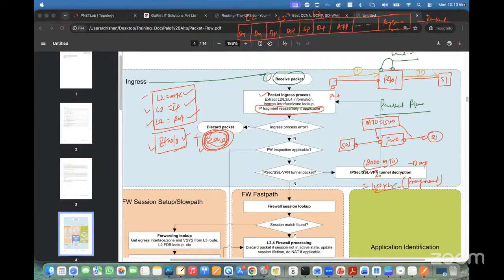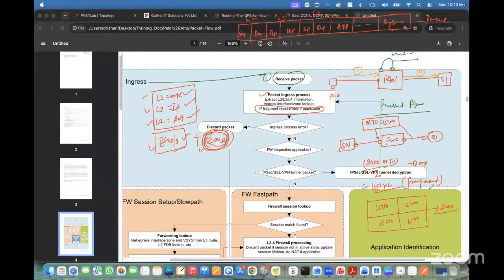Your packet is divided from a big packet into small packets. Let's suppose the packet size is 6000. Then it is going to be divided into four parts, each of 1500, 1500, 1500, 1500.